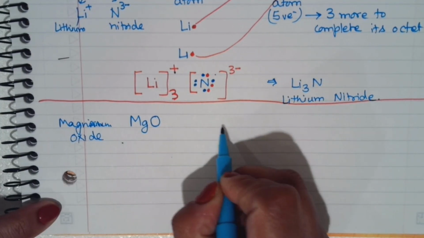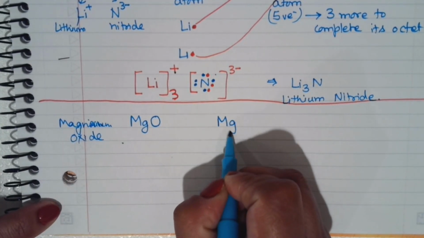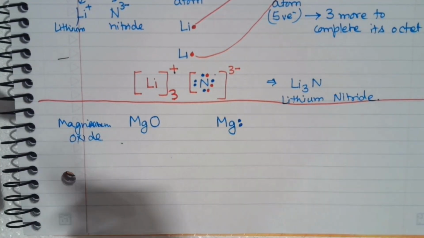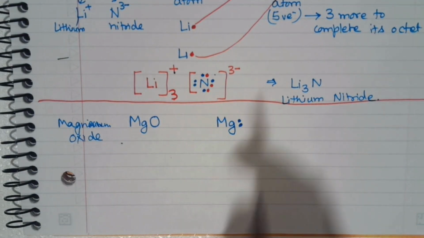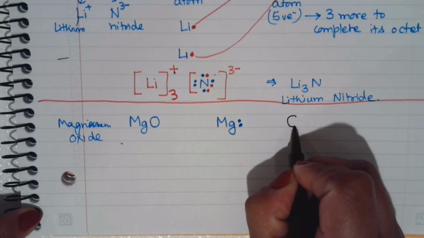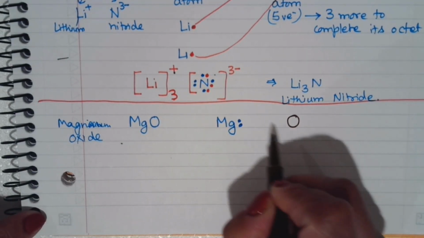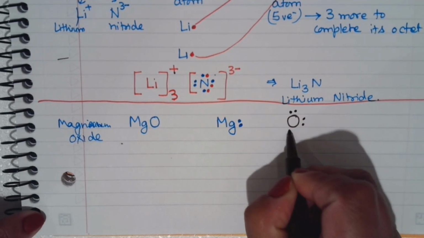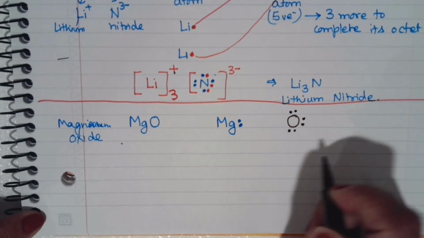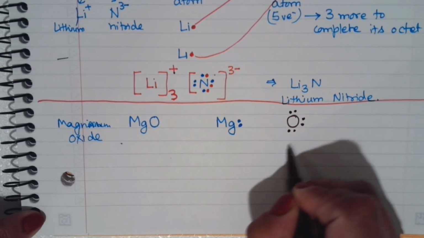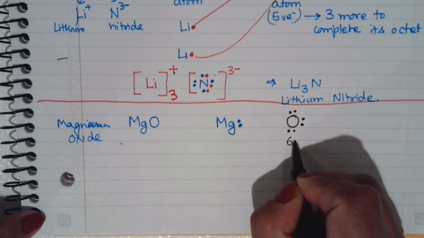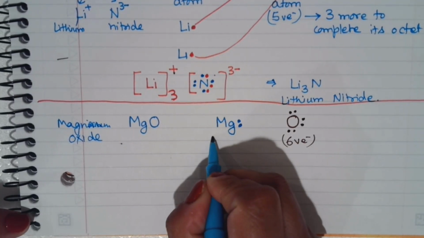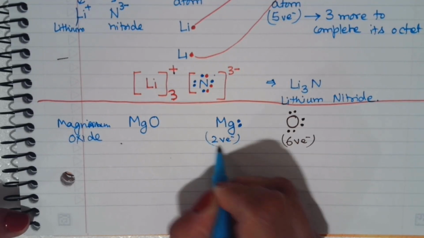Okay. Magnesium atom is in group 2. So it has 2 valence electrons, right? Whereas oxygen atom is in group 16 and it has 6 valence electrons. So I'm going to put 6 dots around oxygen atom. So oxygen has 6 valence electrons and magnesium has 2 valence electrons, right?